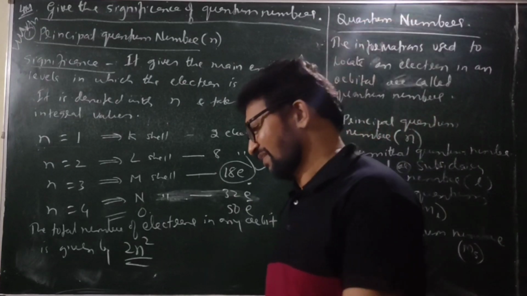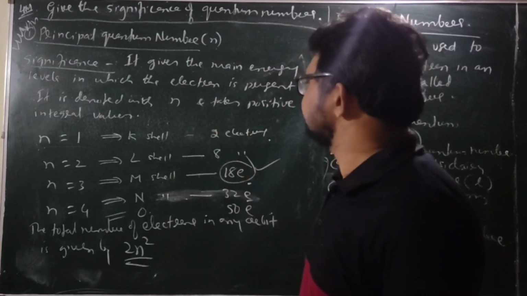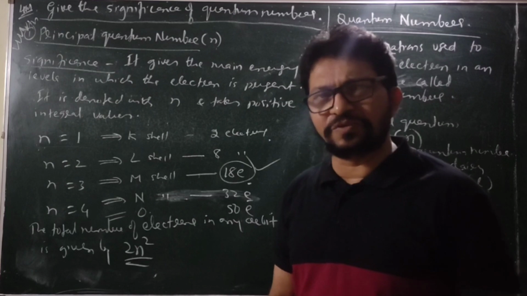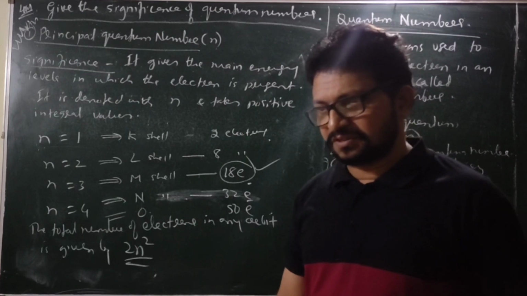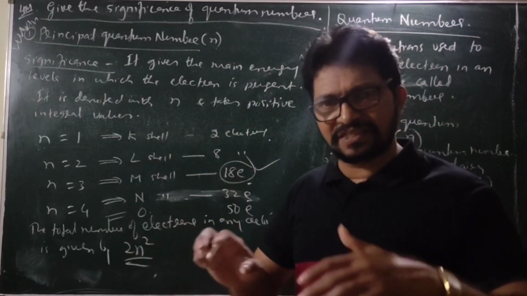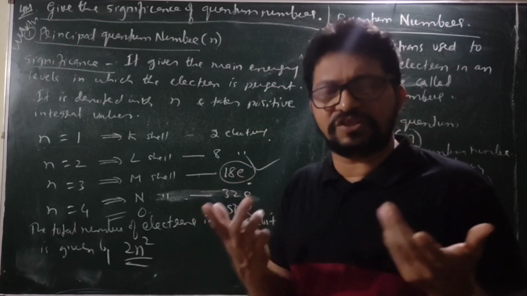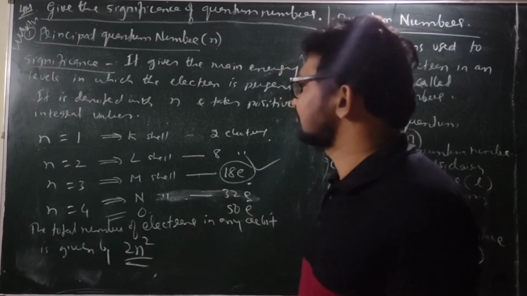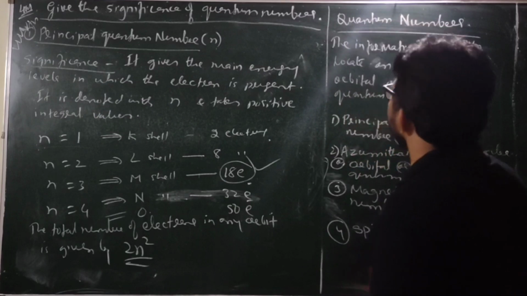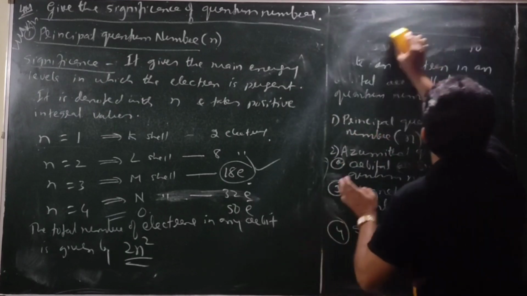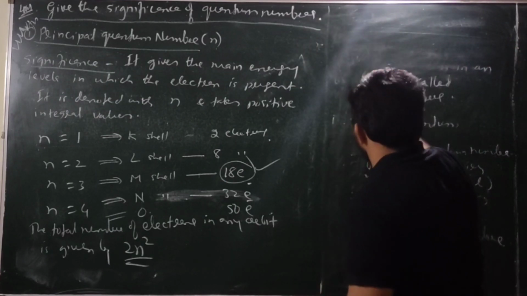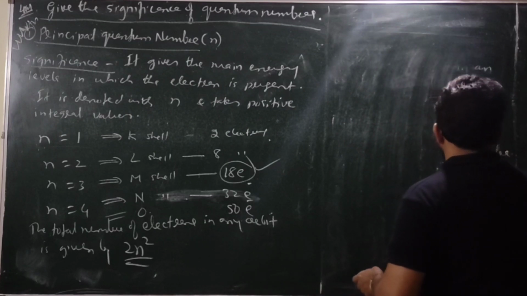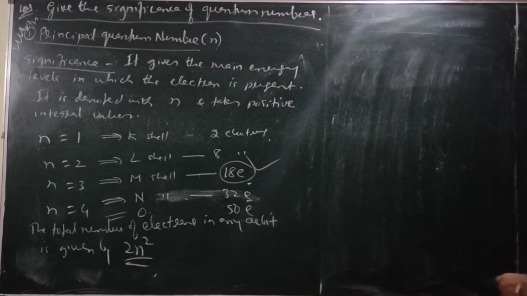What is that next address? Hope you have understood what the principal quantum number is. It gives the main energy level or Bohr's orbit, which orbit it is. That is all. Okay. Now the next, second quantum number I should take. What is it?